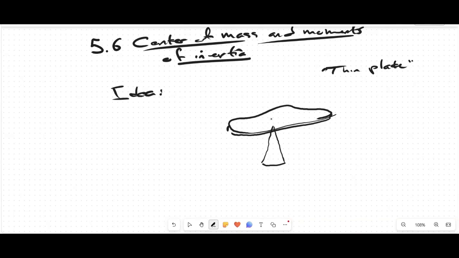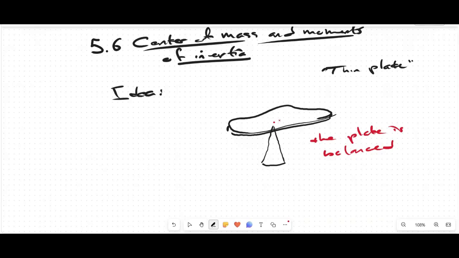And we're imagining that the pin under the plate has been positioned such that it hits this sweet spot, this point, where the plate is balanced. So theoretically, there's one exact point, one sweet spot where this is achieved.